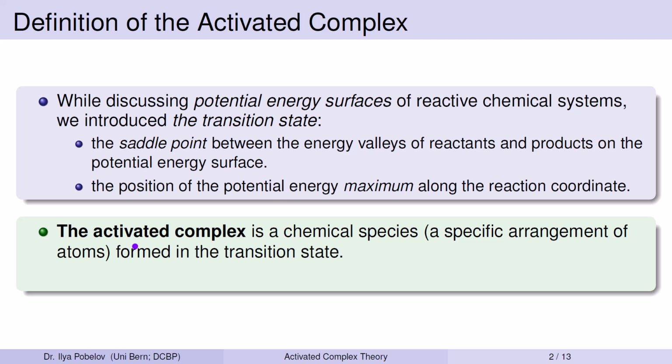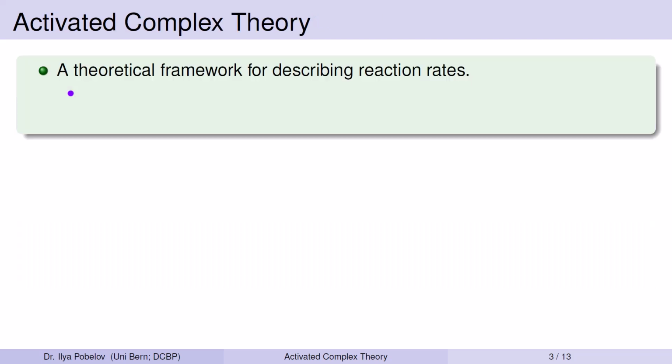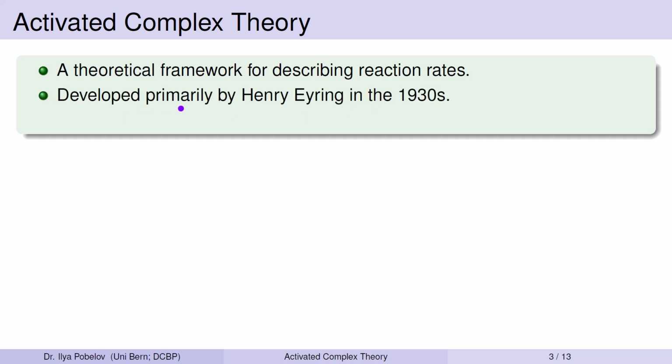The activated complex is a chemical species, a specific arrangement of atoms formed in the transition state. As such, it is the chemical system as it exists at the transition state. In this module, we turn to a theoretical framework for describing reaction rates developed primarily by Henry Eyring in the 1930s.